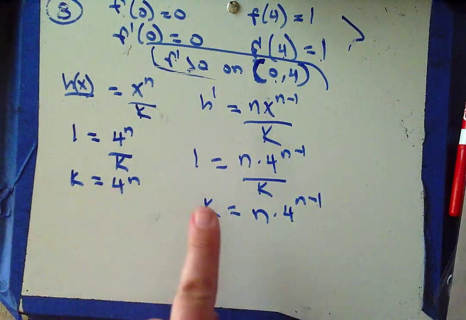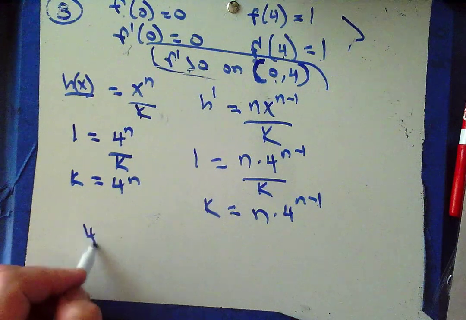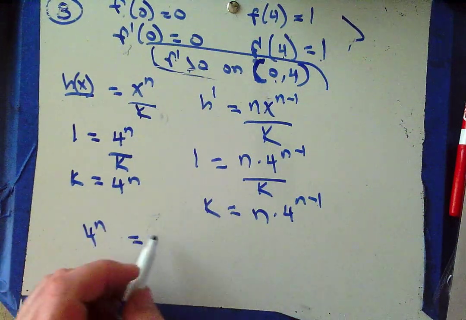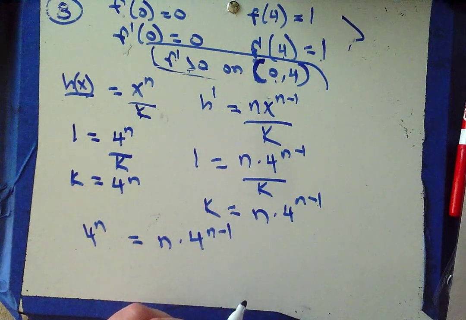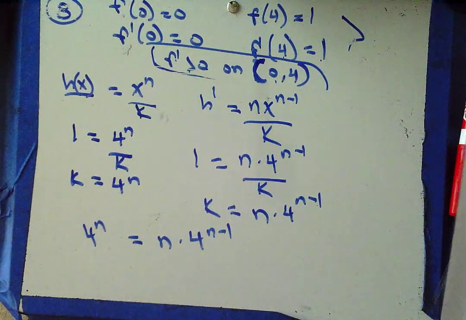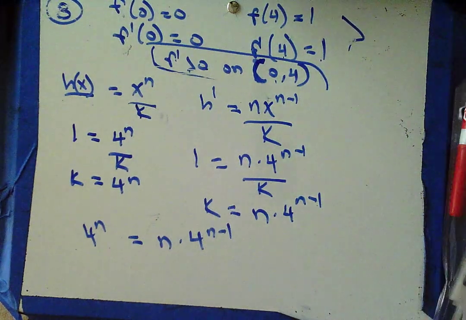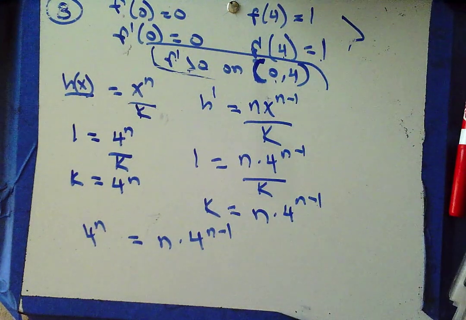Well, I know what k equals, so I can say 4 to the n equals n times 4 to the n minus 1. Do I like that? I think I like that. I'm a little scared about that. Let's see where I can go with that.